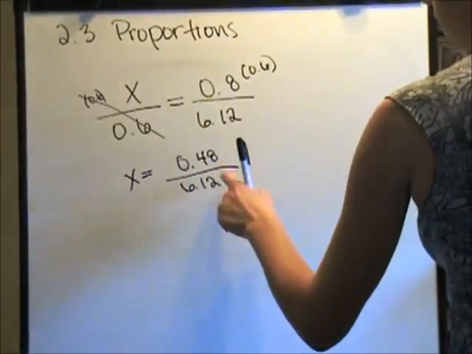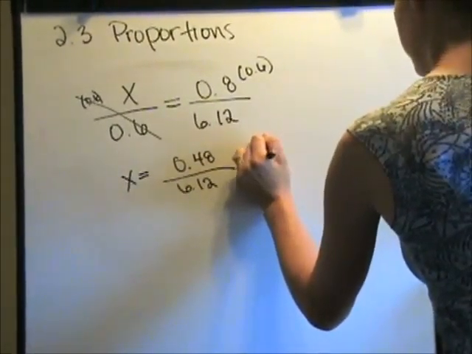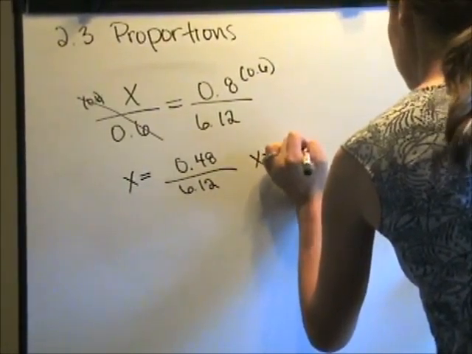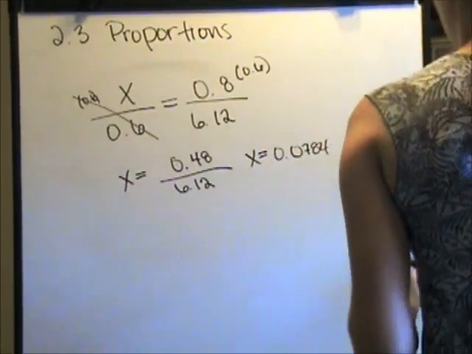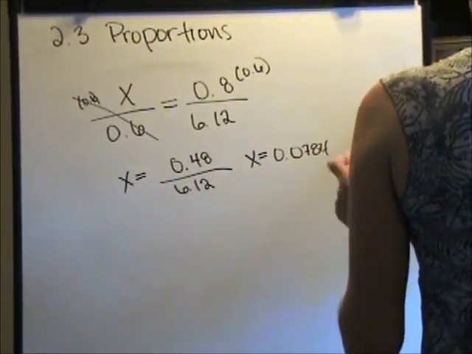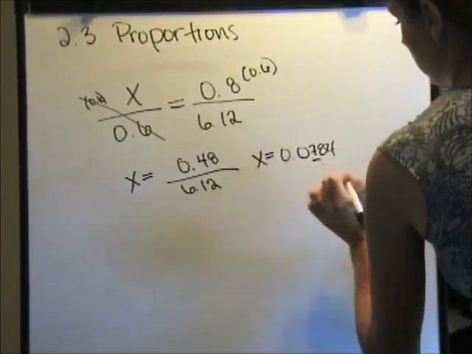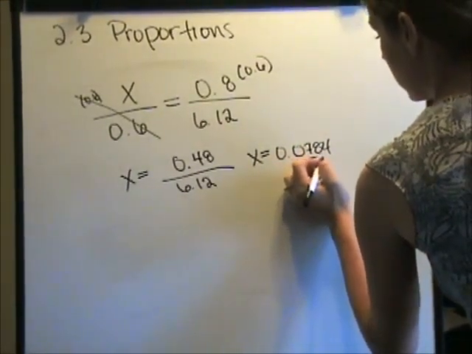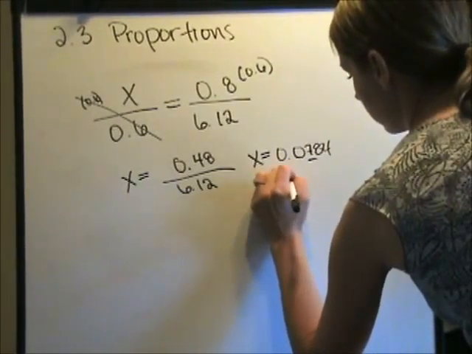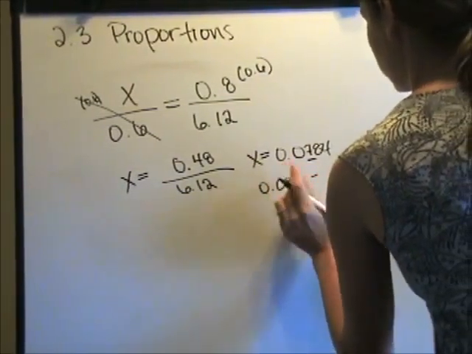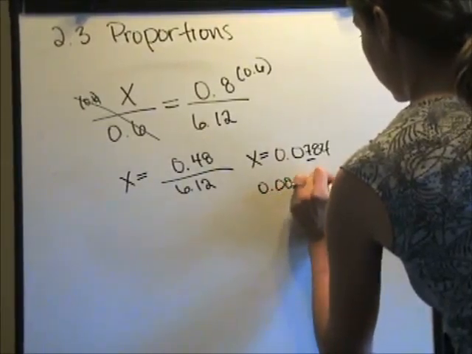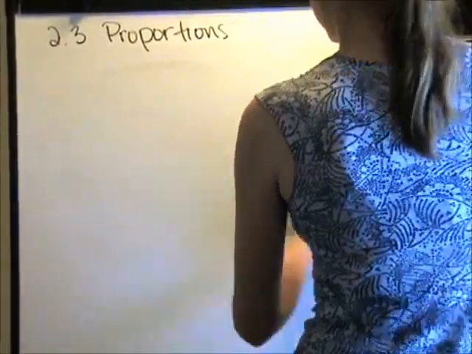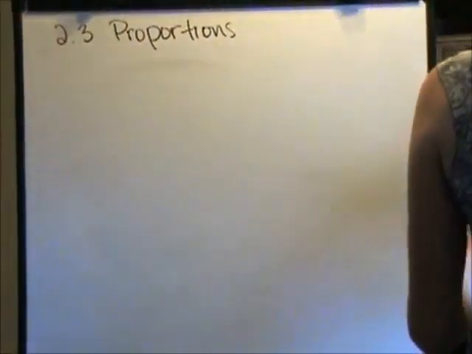If we take the numerator divided by the denominator, X is going to equal 0.07843. It says we want to round to the nearest hundredth, which is where the 7 is, and we have an 8, so we are going to round up to 0.08. Okay, pretty straightforward solving for X.